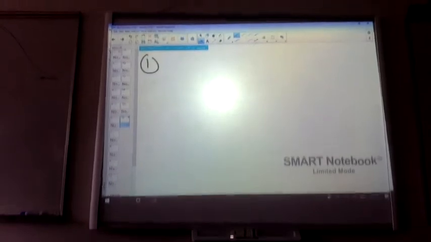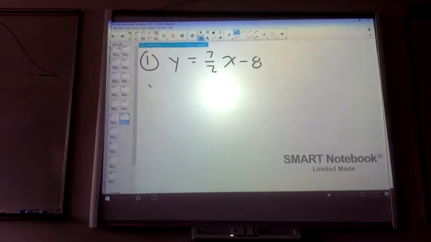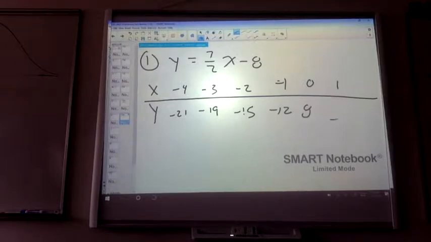All right, so problem number 1, we have this as our equation. And then they have x and y values as this. So we have -4, and that is that, and then -3 and -19, -2 and -15, -1 and -12, 0 and 8, 1 and -4, and I'll just do one more, 2 and -1.